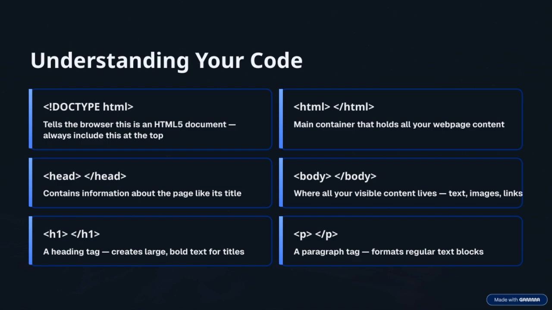The head tag, on the other hand, contains information about the page itself, such as its title, meta information, and links to style sheets or scripts. At the very top, you have the HTML tag, which wraps all the content and indicates that this is an HTML document. And importantly, right at the beginning, you include the doctype declaration, which tells the browser that this is an HTML5 document.